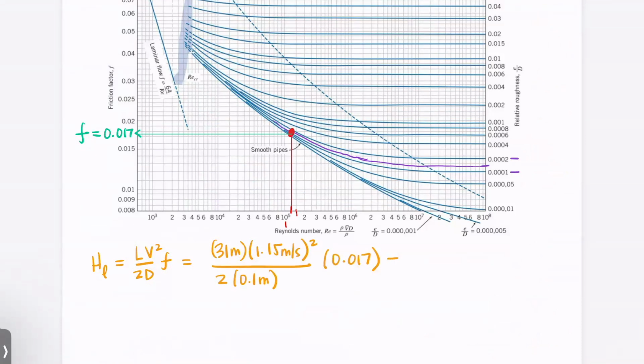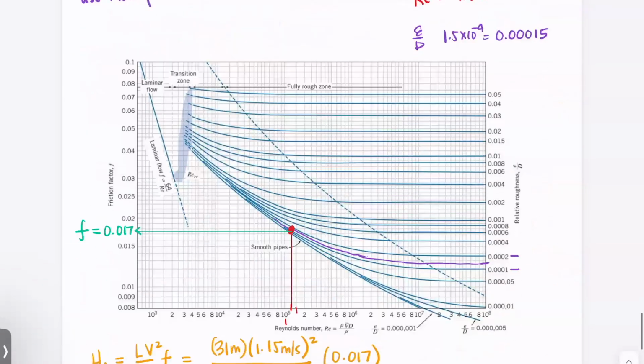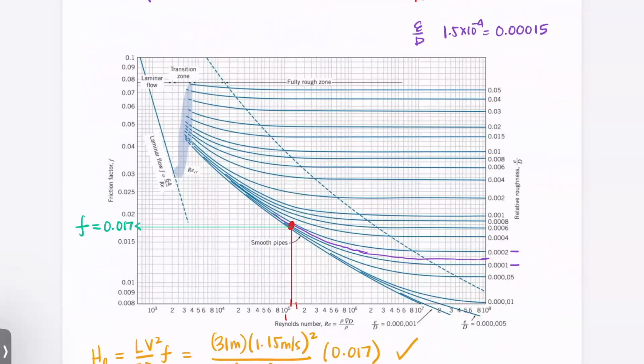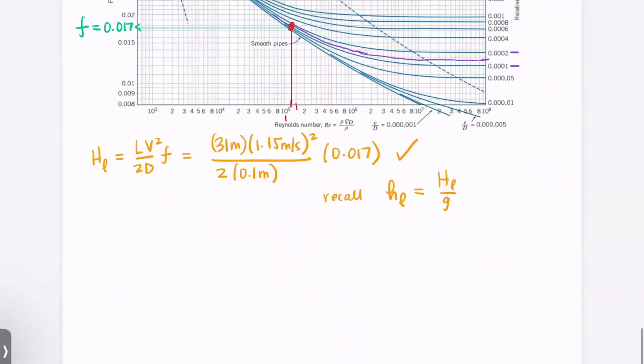I did not actually calculate that all out, but that is a number. So those are our major losses. And recall that if we want lowercase HL, that's just capital HL divided by G. So we got that. Let's do minor losses now.